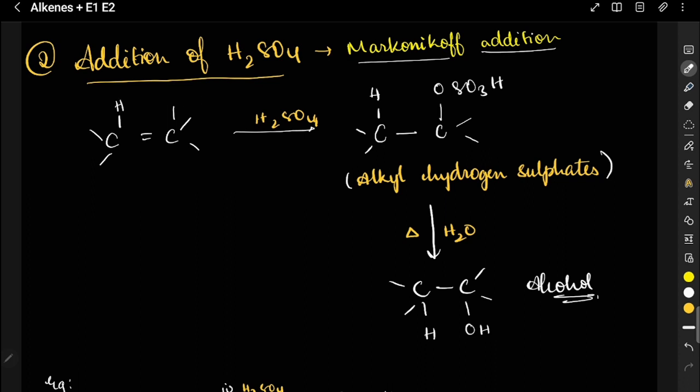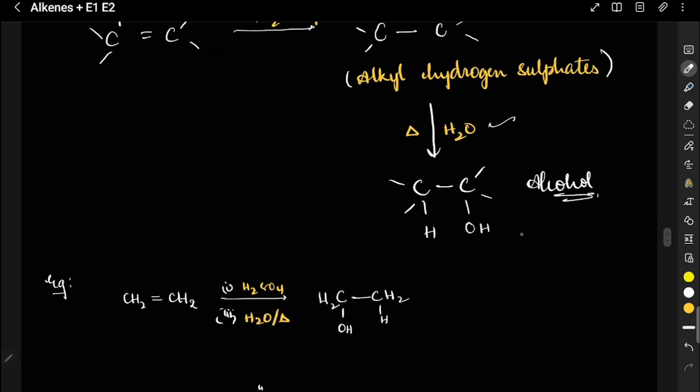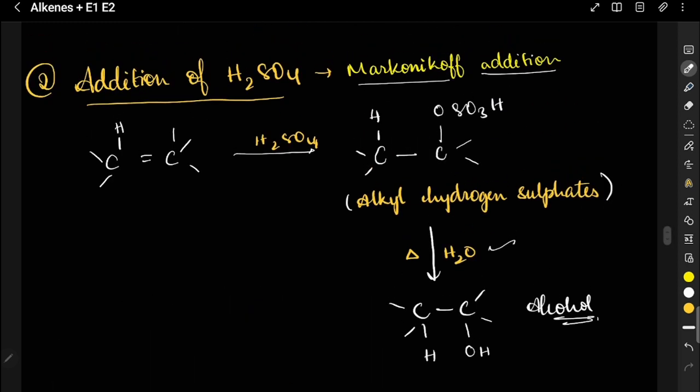This is called alkyl hydrogen sulfate. Then you heat it in the presence of water, and hence alcohol is formed. So alcohol is formed because of addition of H2SO4 and then heating.